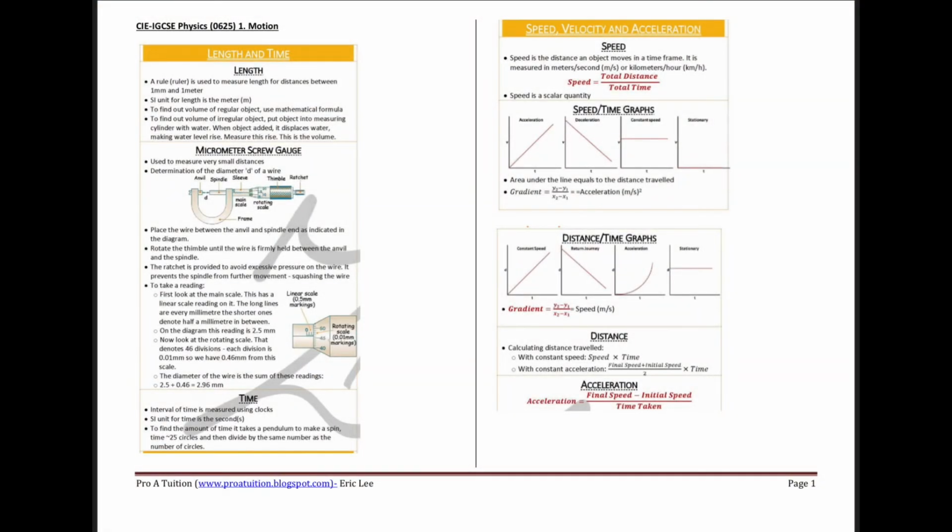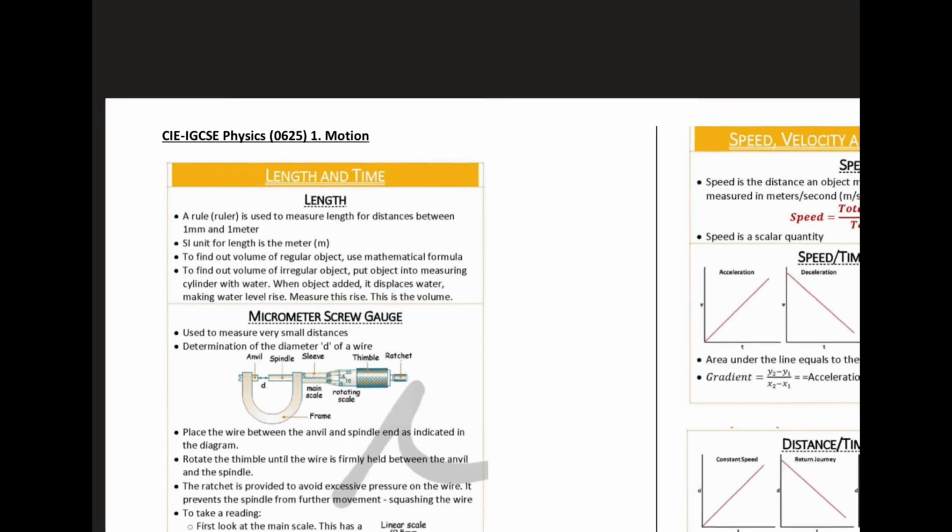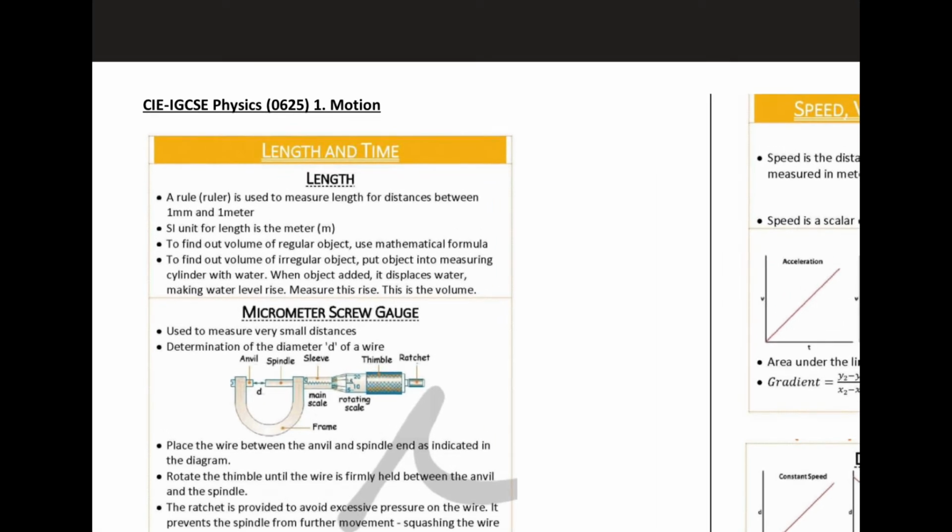Okay, so let's look at chapter 1 of physics. First of all, length and time. So length, how to measure length? You can use a rule or a ruler to measure the length for distances between 1 mm and 1 meter.